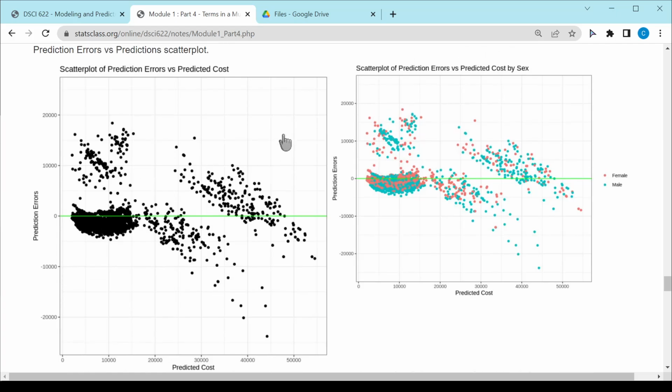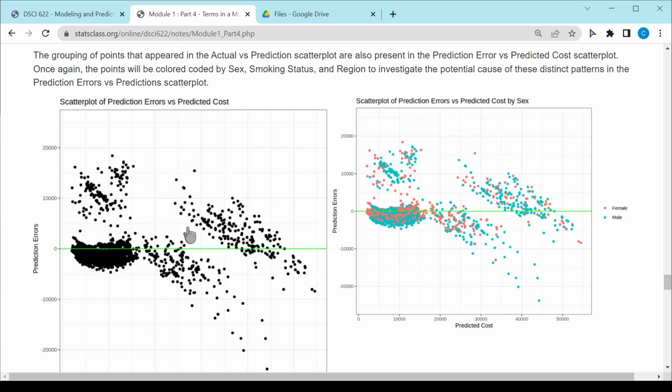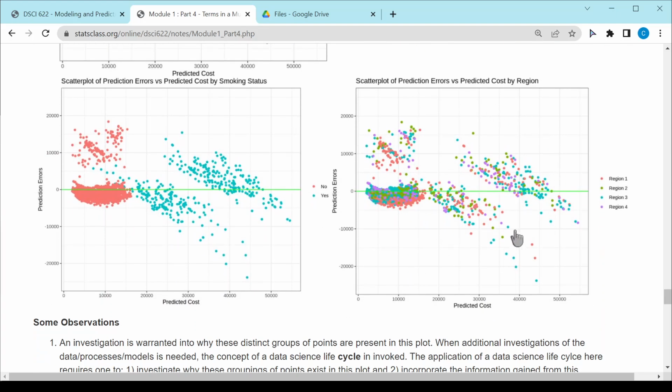I'm going to do that color coding again to try to figure out what's going on with these distinctive groups of points. Here I have the color coding by sex. Again, the points are pretty intermixed, so sex doesn't appear to be a reason the points are grouped the way they are. With regions, they tend to be intermixed again, so region isn't really indicative of why the points are grouped the way they are. On smoking, though, I do have some distinct observations.